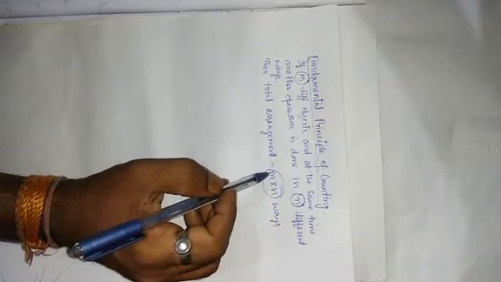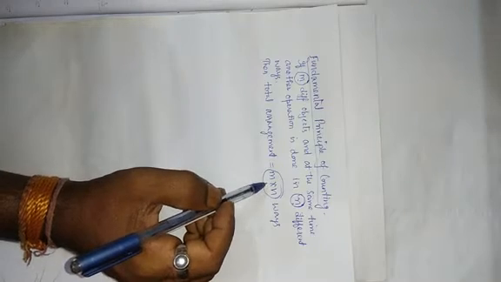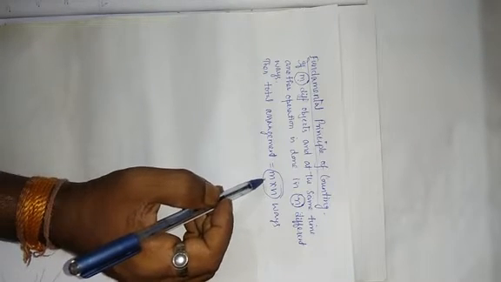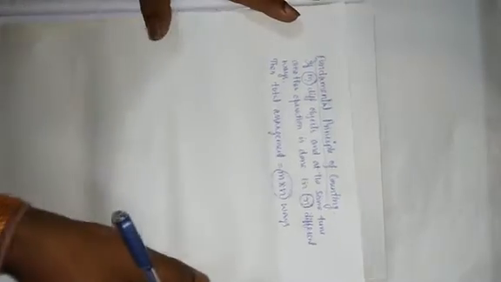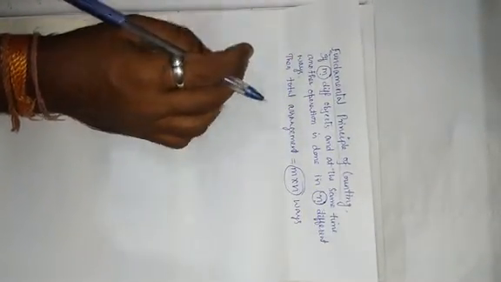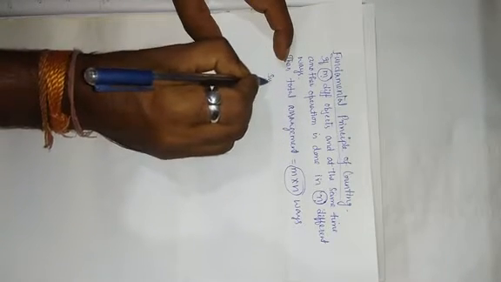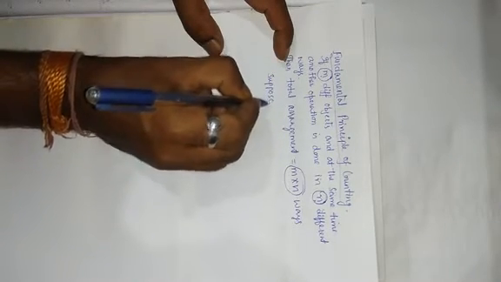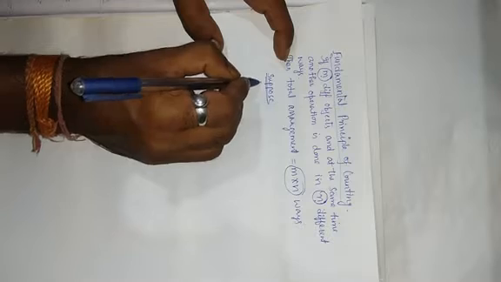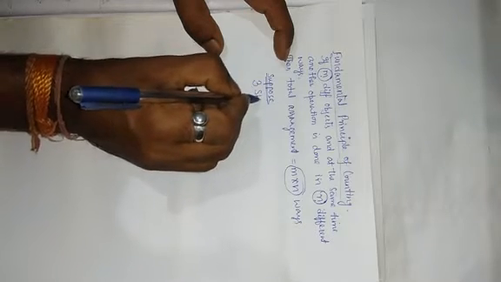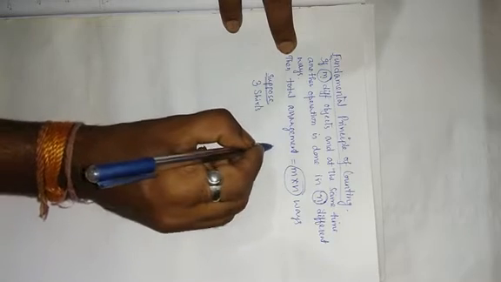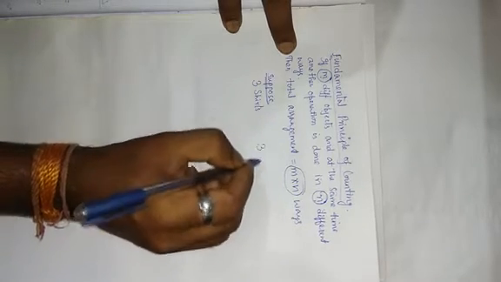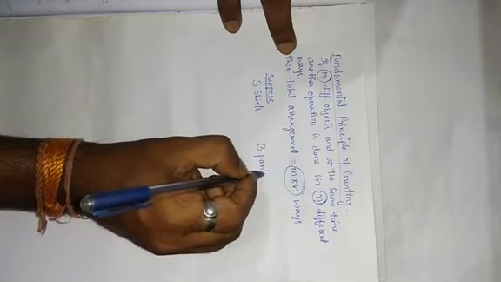m cross n ways. To understand this better, I am taking an example. Suppose you have 3 shirts and you have 3 pants.